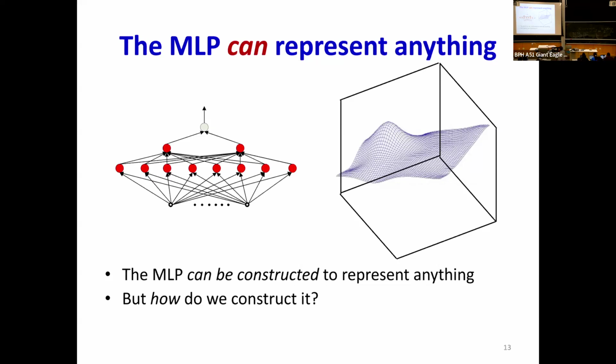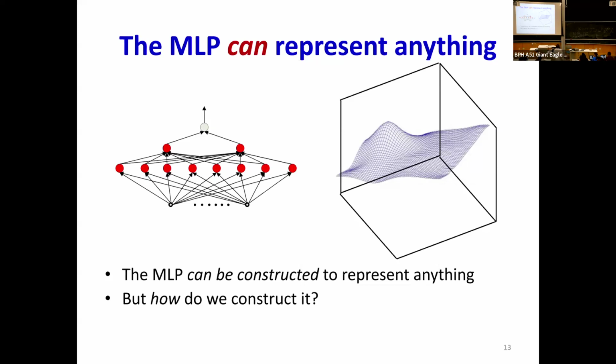So what this means is that regardless of the function you give me, I can always construct an MLP that computes this function. Since we are specifically assuming that the architecture of the network is given, what this means is that we can always choose a set of parameters W such that the network computes this function.